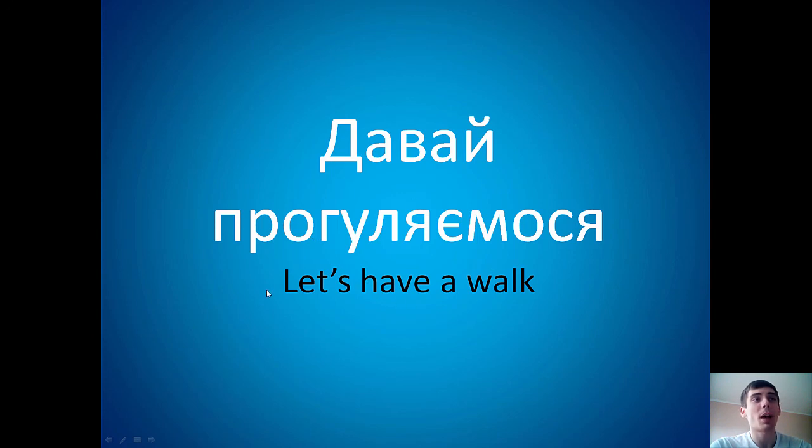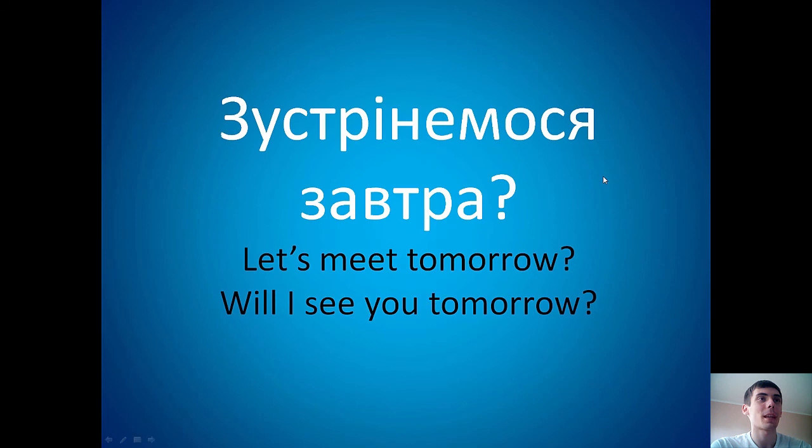And then прогуляємося is the verb to walk. Let's have a walk in Ukrainian: давай прогуляємося. So we have here "let's" and the verb "to walk". Давай прогуляємося. Okay, good.